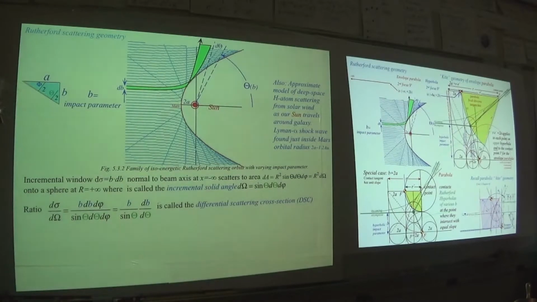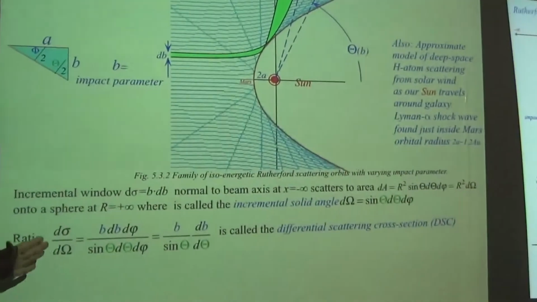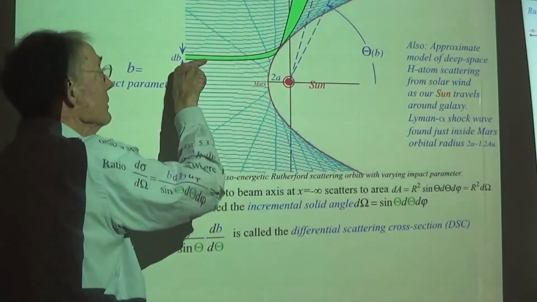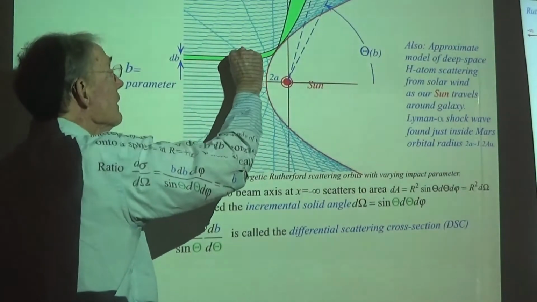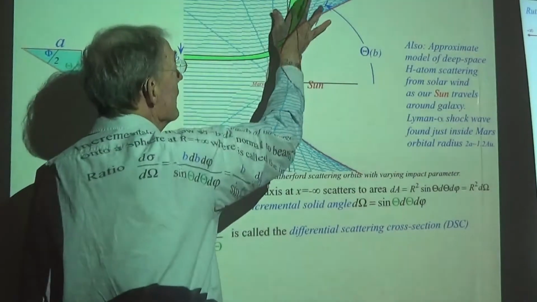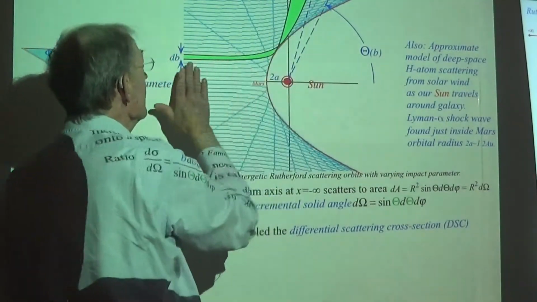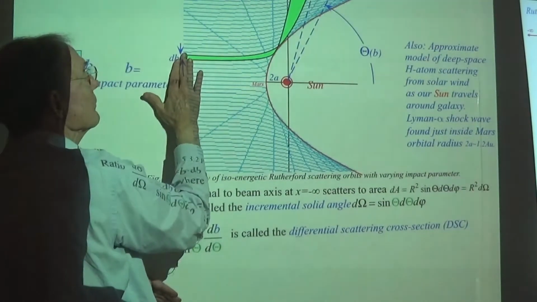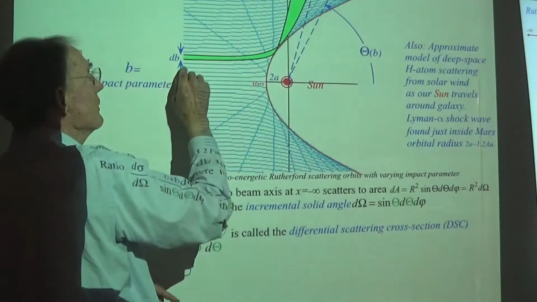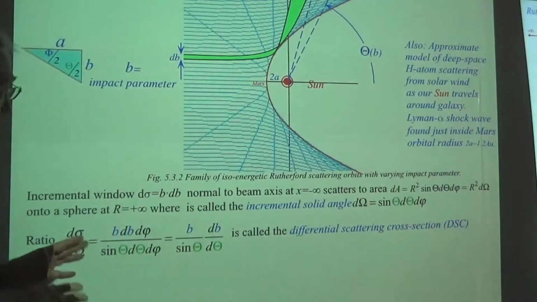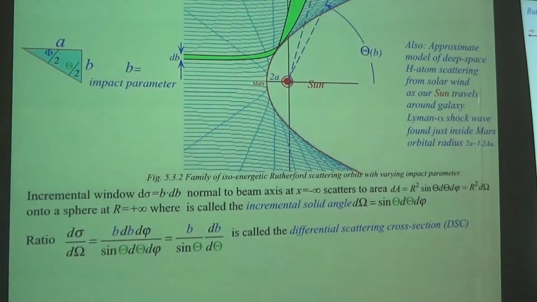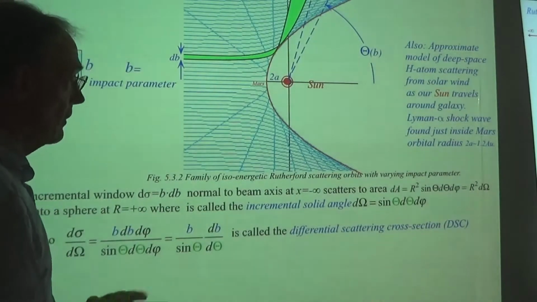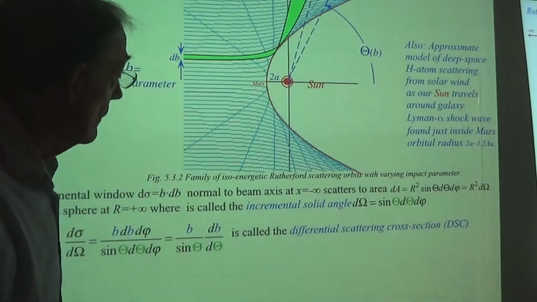In any case, the scattering cross-section, particularly the differential scattering cross-section, we're talking about what's the difference between two particles that come in on a path here, and in fact they cross, and then they have a differential polar angle, and they would have a differential azimuth to go with that, which I'm not showing here. Out of the plane is the azimuth around this axis. The d phi isn't even mentioned here except at that point. So presumably this has cylindrical symmetry, so we can truncate that calculation there.